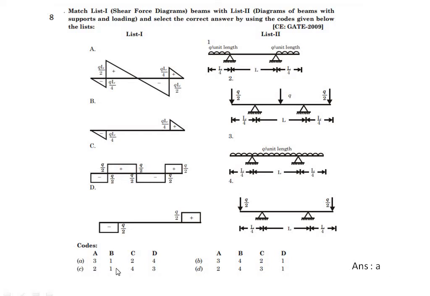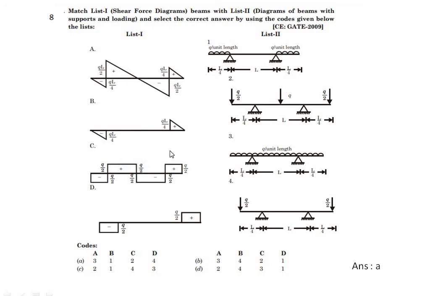Let's check with the remaining two cases, and we can go further into option B also. See here, you are going to have a distributed load here, and due to the support reaction you are having a surge, and then there is no load at all, and then due to the reaction again a surge, and due to this UDL you are having it here.